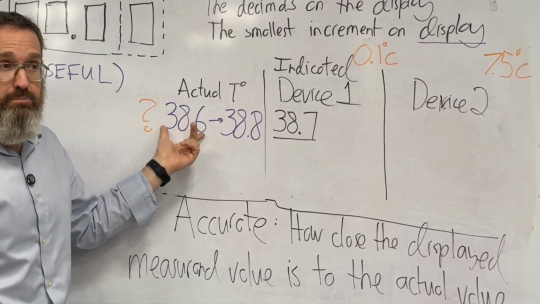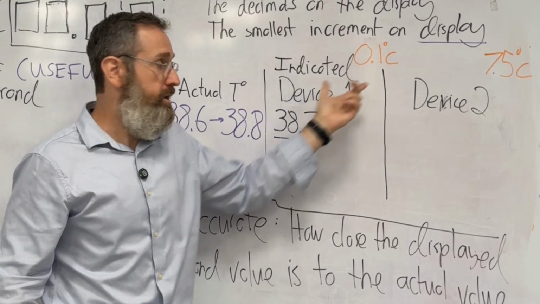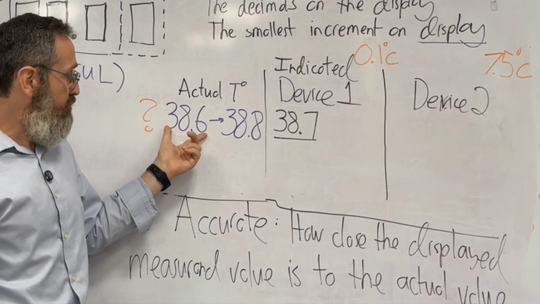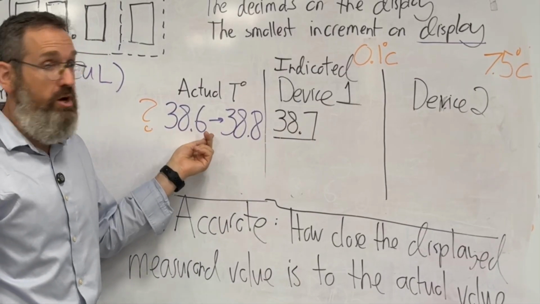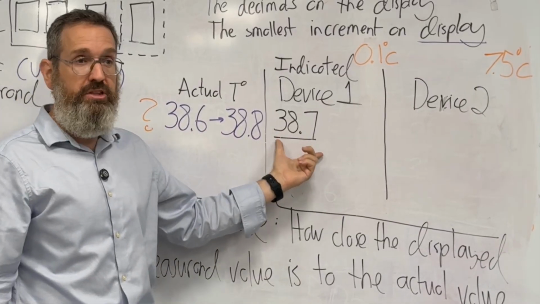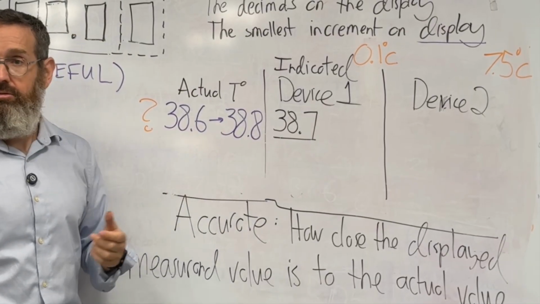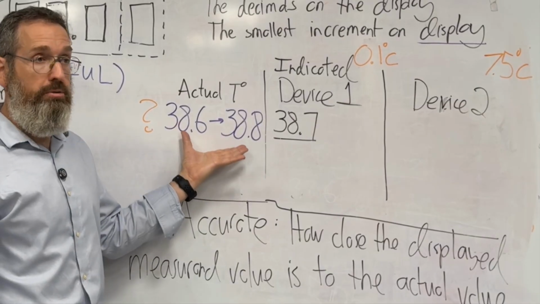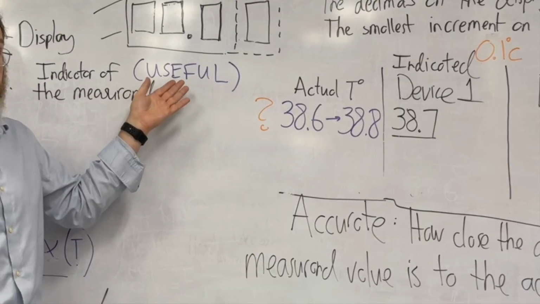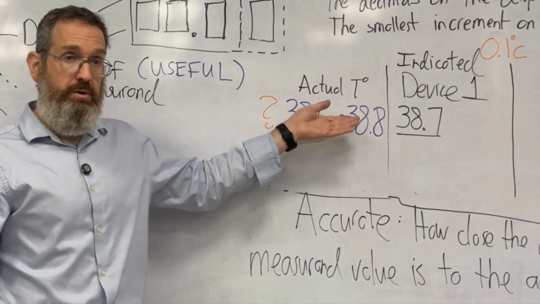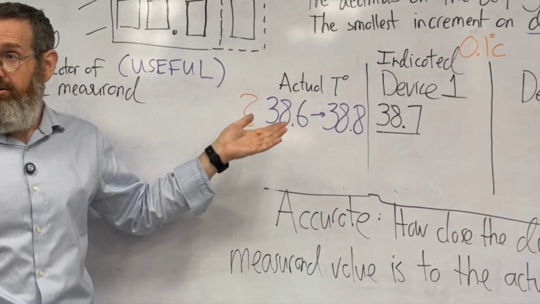If it was 38.6 and the accuracy, sorry, I said precision, the accuracy was 0.1, it might have read 38.7. Also, if it's 38.7, it could read 38.7. But it's somewhere in this range. Is this a problem? It may not be. It's still useful, even if it's not quite accurate.